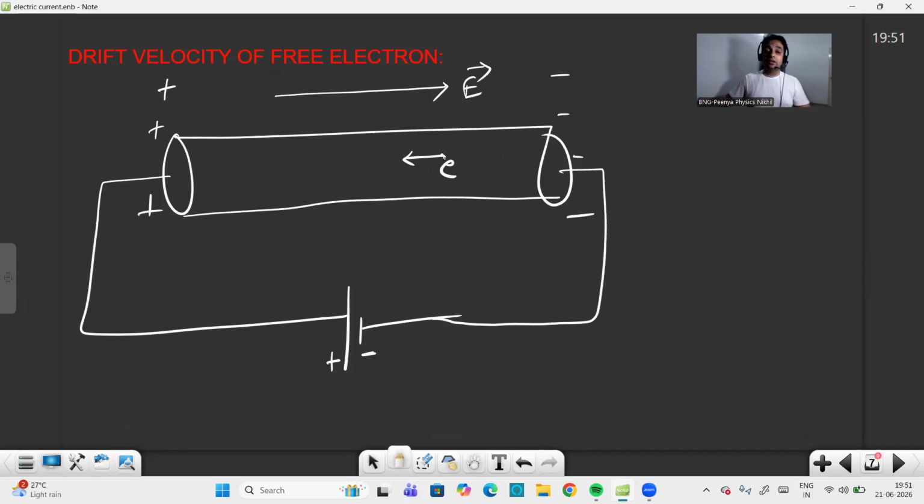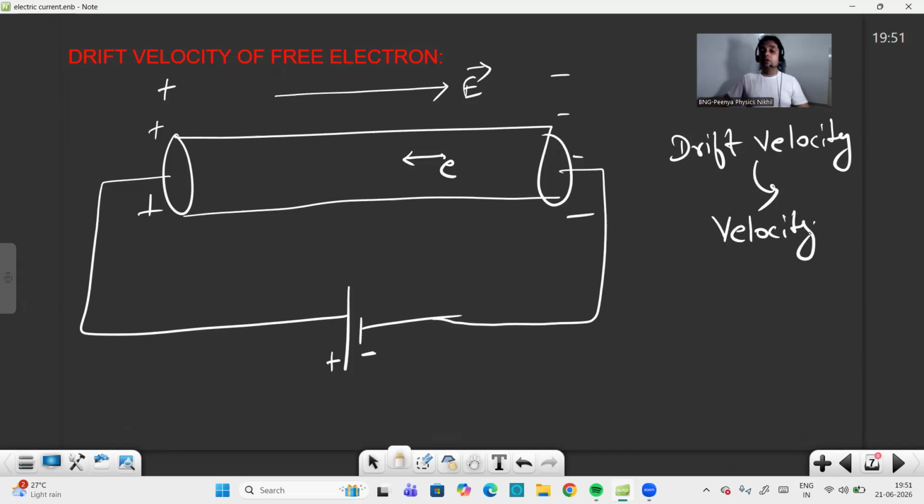The velocity with which the electron moves in a conductor is known as the drift velocity. So drift velocity is the velocity with which an electron moves in a conductor.